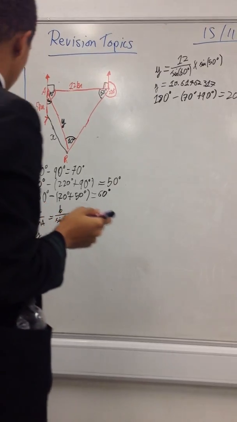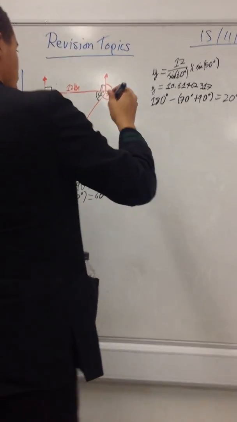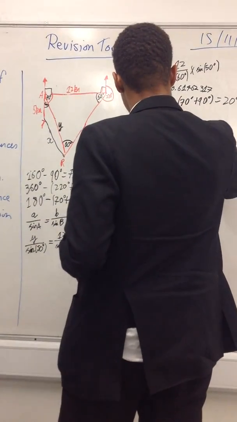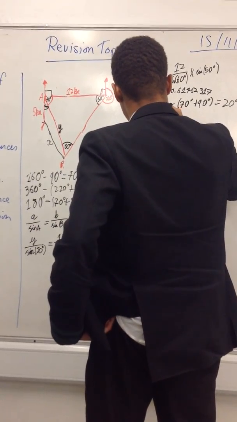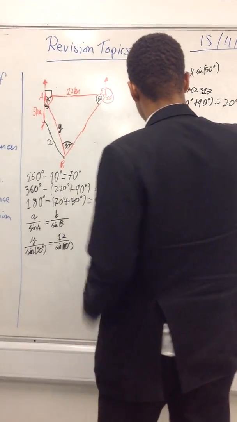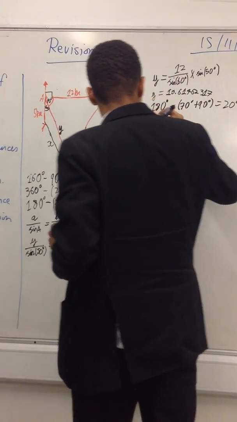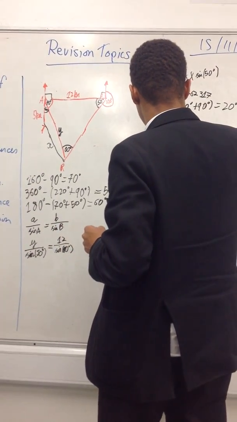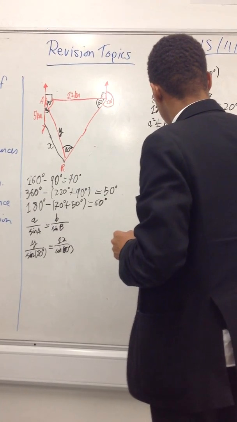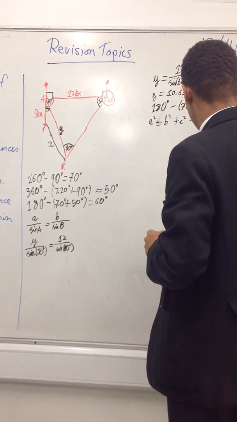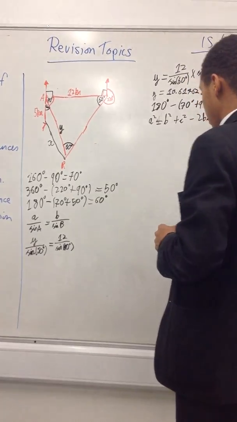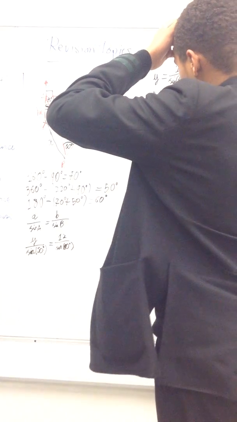Now we've got the cosine rule, which is a squared equals b squared plus c squared minus 2bc cos a.